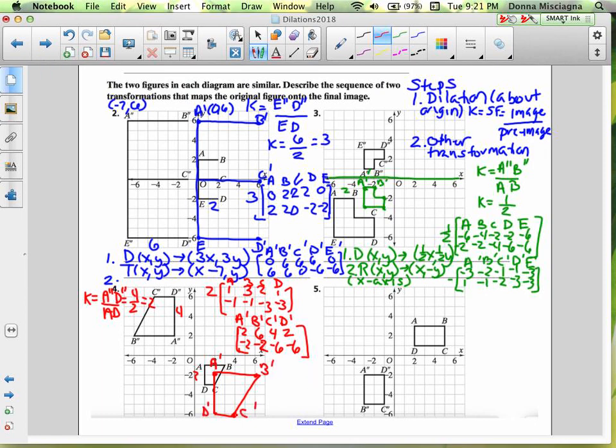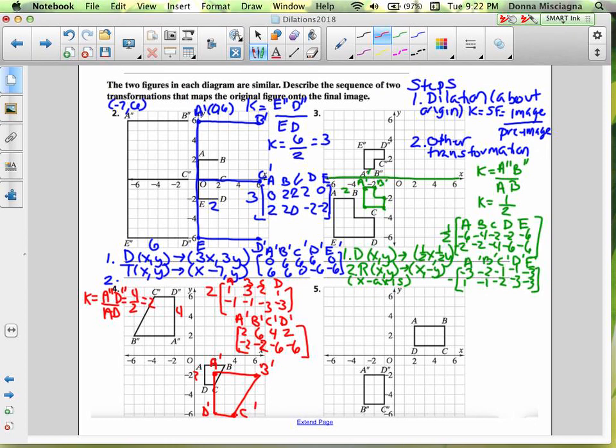All right, so now we want to move it to where A double prime, B double prime, C double prime, D double prime is. All right, well, this is not a reflection, right? They're not mirror images. They're not facing the same way, certainly not. Notice A and A are closer together here, right?